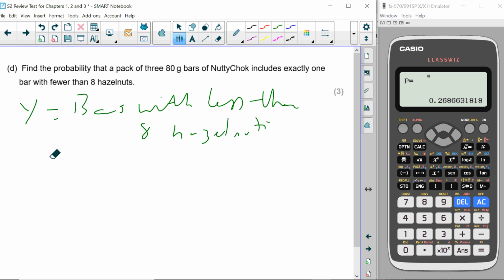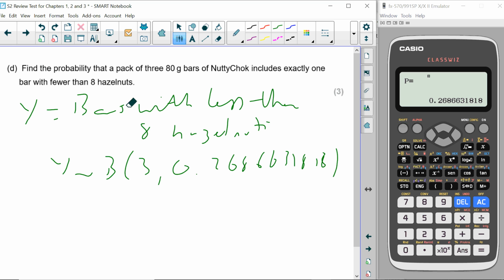If that's the case, then Y is binomially distributed with, well, we've got a pack of 3, and the probability of this being the case is the one we just worked out, 0.2686631818. So I've got my probability set up now.